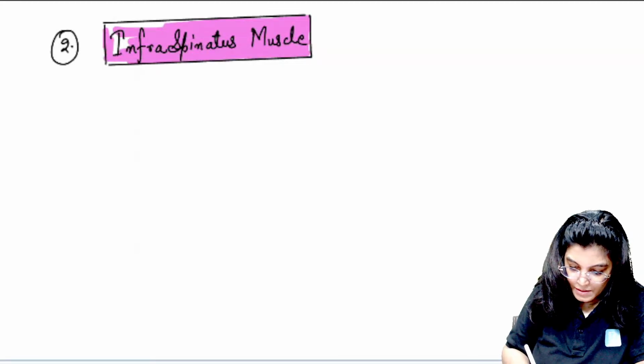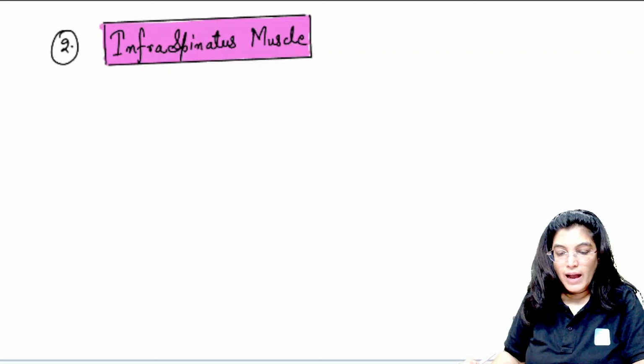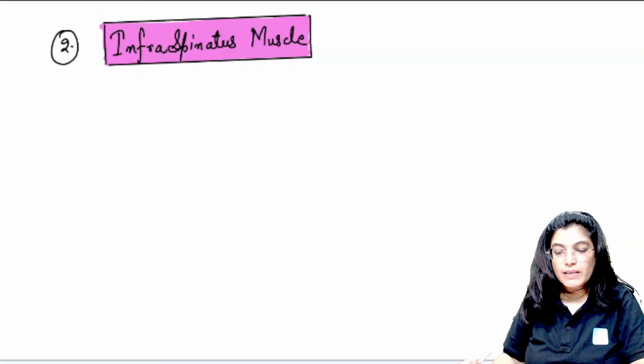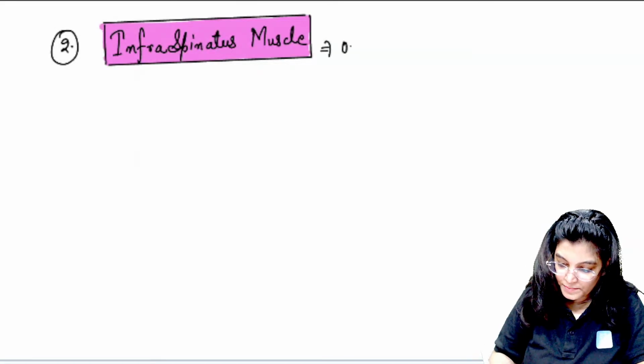The infraspinatus muscle, as we have seen in the image, originates from the infraspinous fossa.